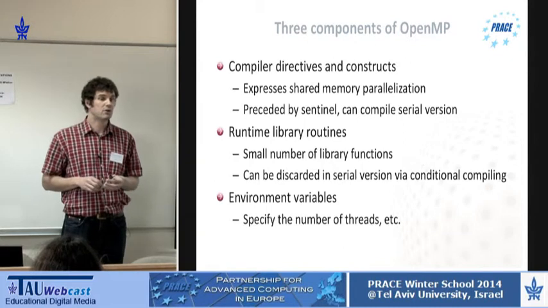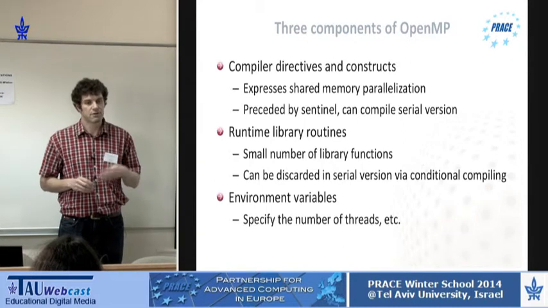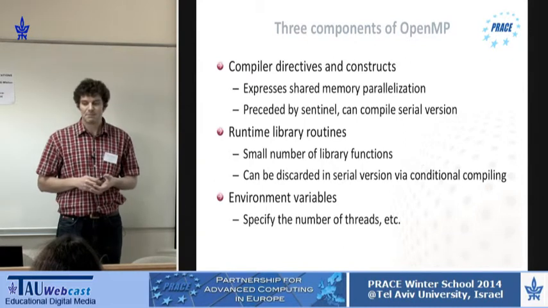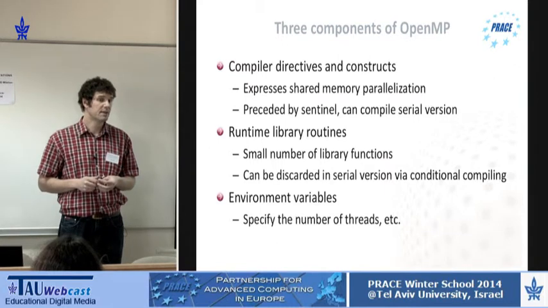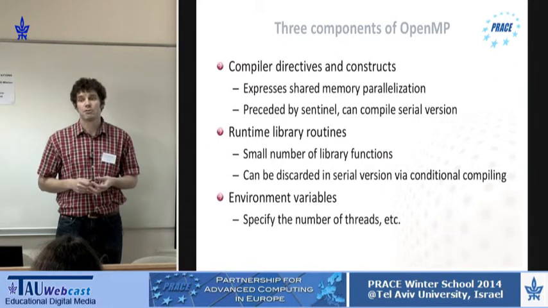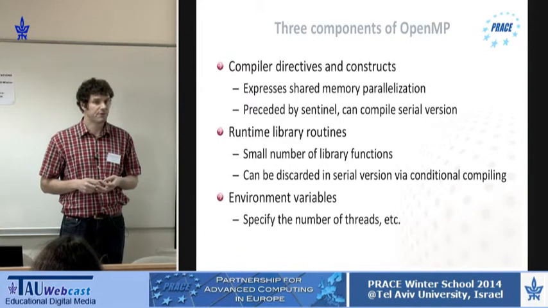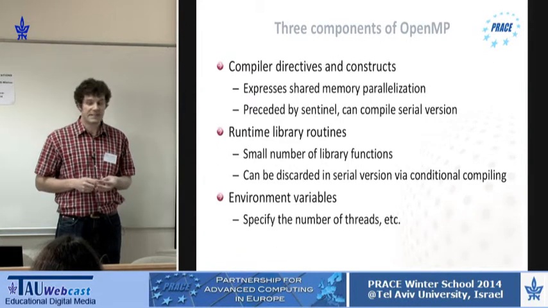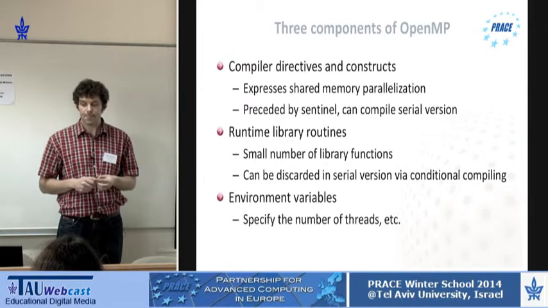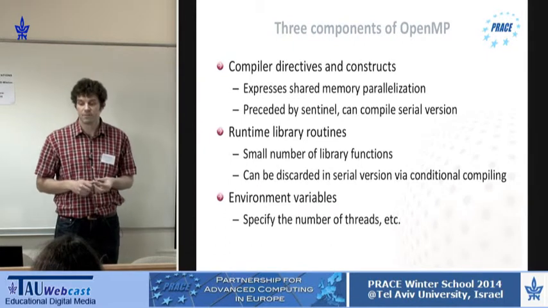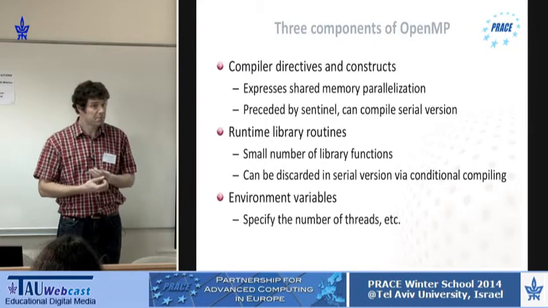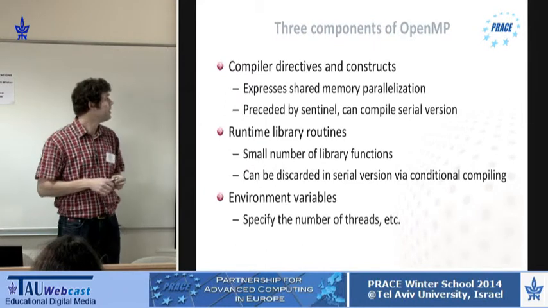The number of routines is quite small, but basically there are functions you can use for querying the number of threads currently running, and also the ID of each thread. And then there are also some environment variables which one can use, for example, for specifying the number of threads and so on.